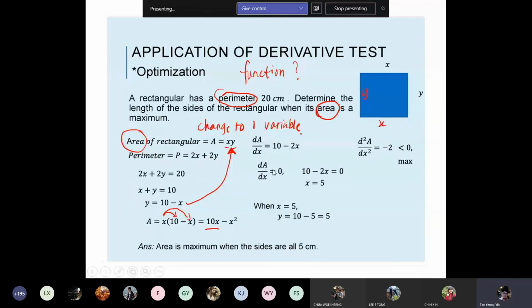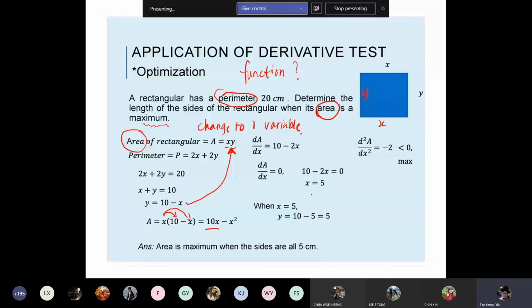After that, let dA/dx be 0, because we want to find the maximum point. So 10 minus 2x is 0, and we get x is 5. Substitute this into y, and we know y is also 5.